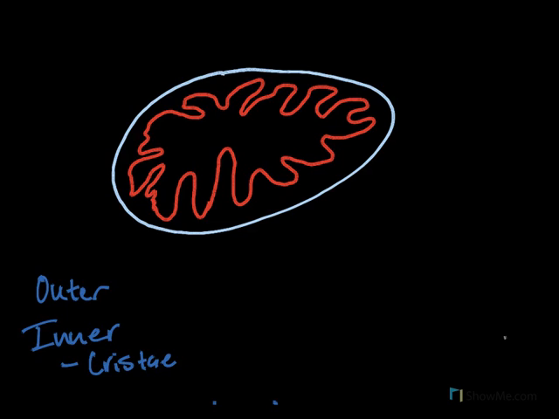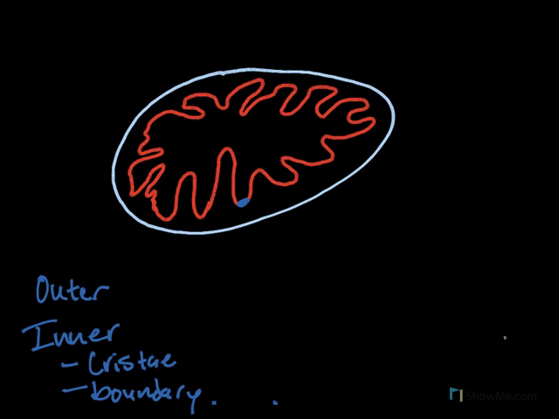And then we have the inner boundary membrane. All you really need to know about the inner boundary membrane is it's located in between these cristae, and it's responsible for the transport of proteins into or through the inner membrane of the mitochondria.